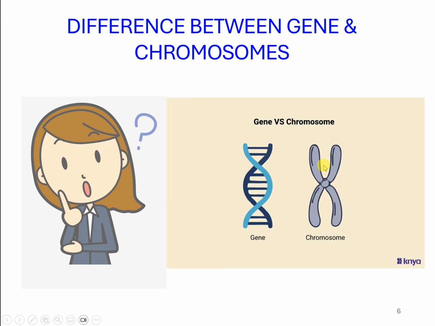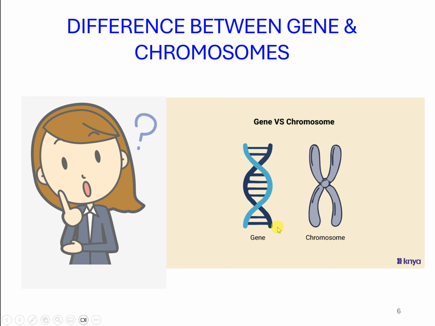These instructions are present in the DNA as different repetitive patterns of nucleotides that we call codons. We will discuss this in a coming slide. But here we have to understand the difference between the chromosome and a gene.